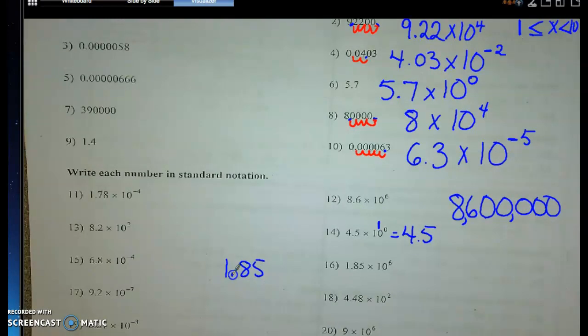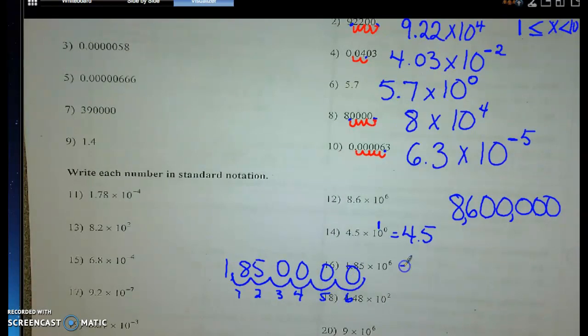Number 16, okay, 1.85. I'm going to use this space to kind of think about it. I've got to move that decimal 6 times. So 1, 2, and then 3, 4, 5, 6. I'm going to fill those spots with zeros.